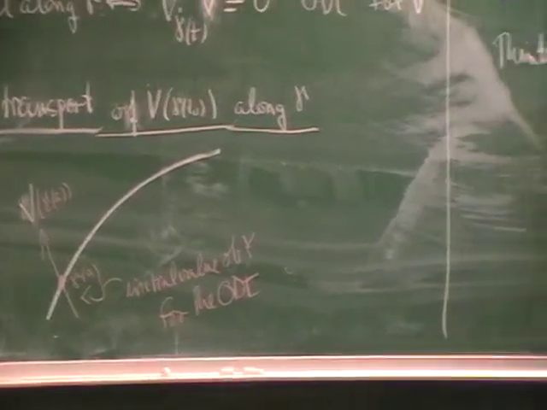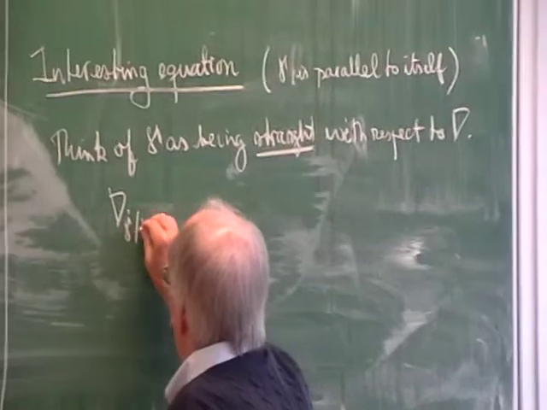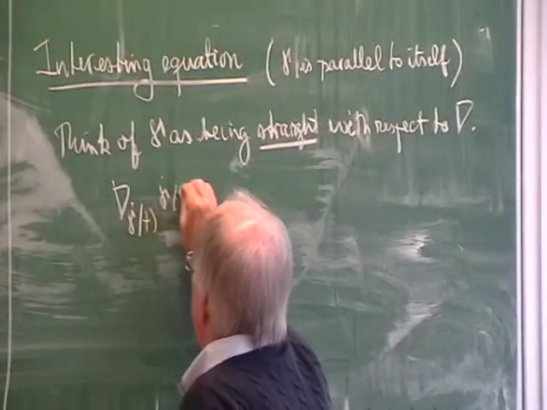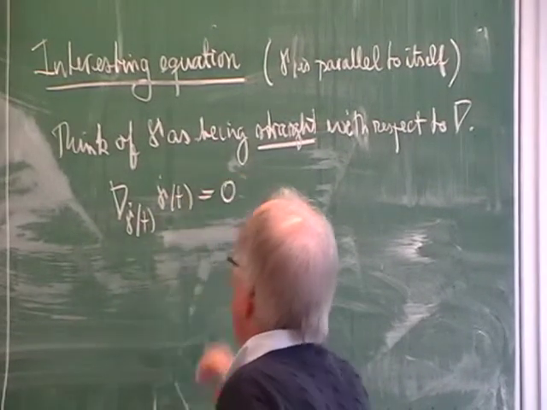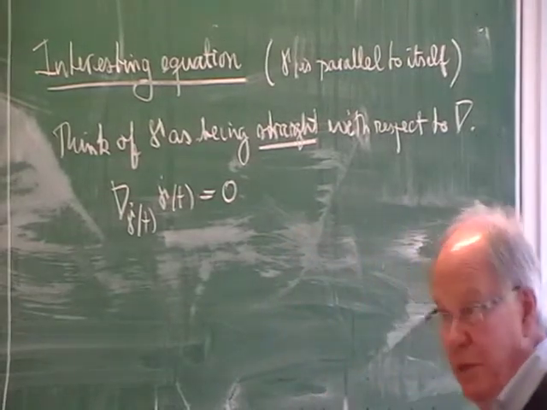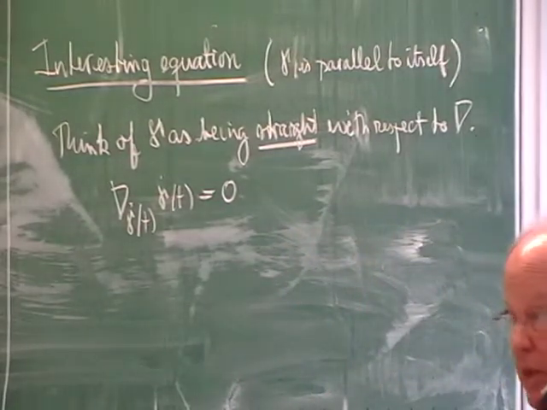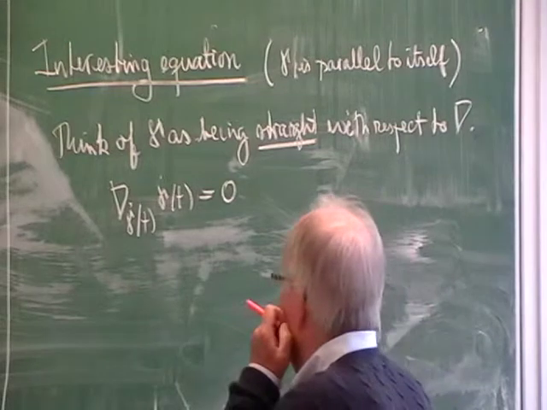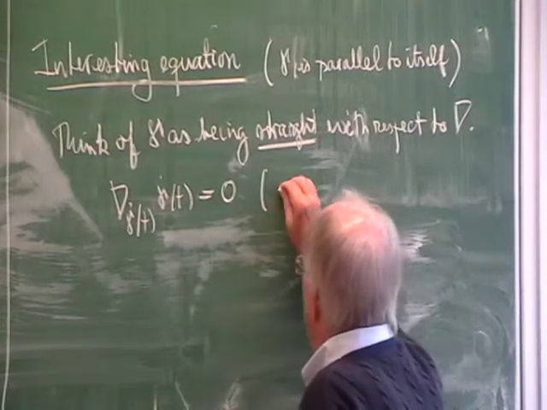So this is the differential equation for being straight, and we call this the geodesic equation.